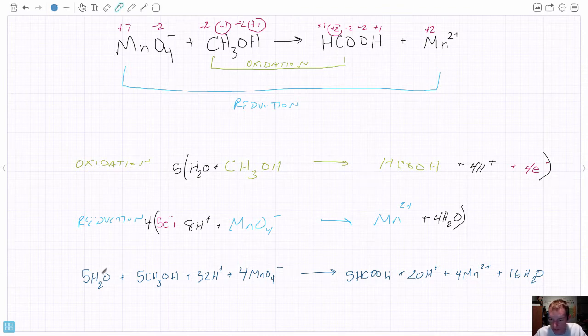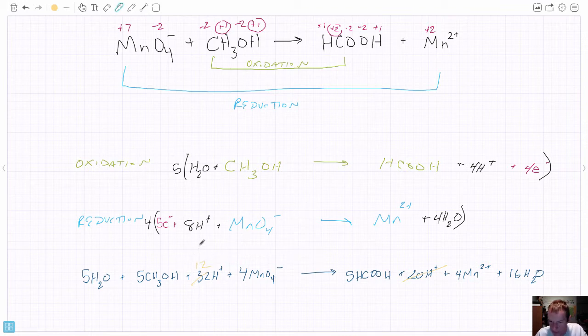And now we want to combine our like terms here. And we want to be careful here. This is 20 H pluses, not 2 OH pluses. That would be weird. That doesn't even exist. But to combine these like terms, we can see we have 32 H pluses here and 20 here. So these all go away. And this 32 is going to be 32 minus 20, or 12 H pluses.